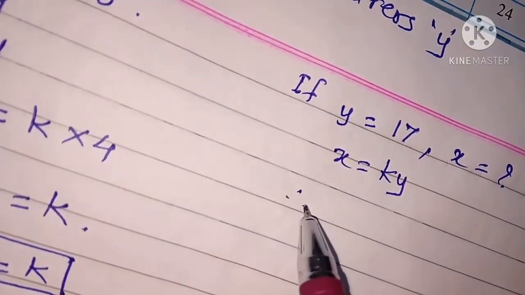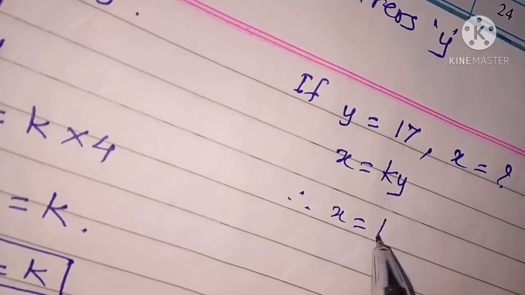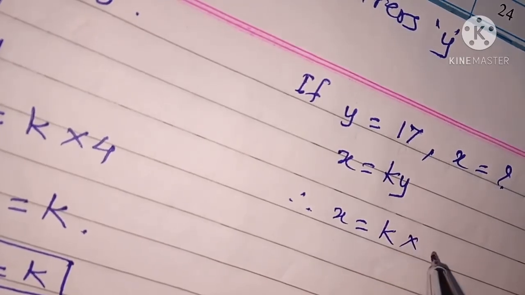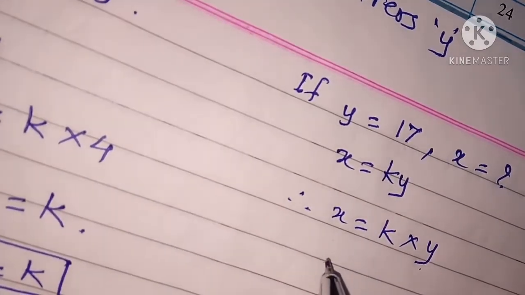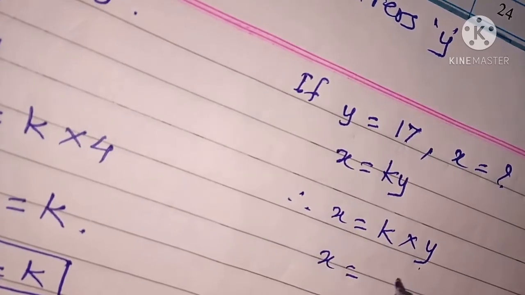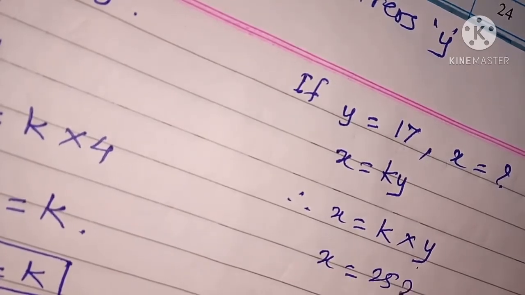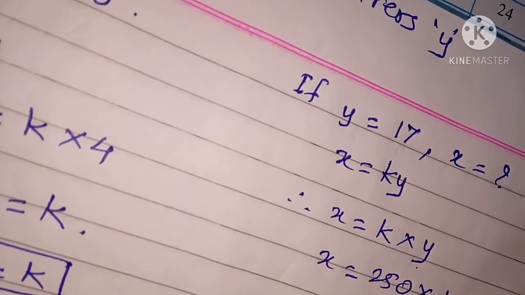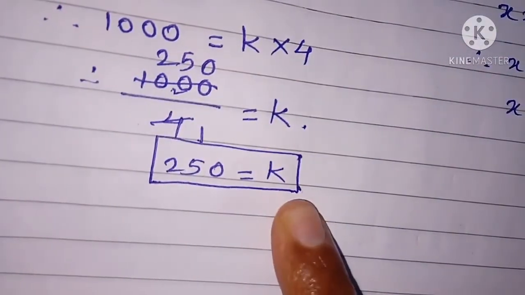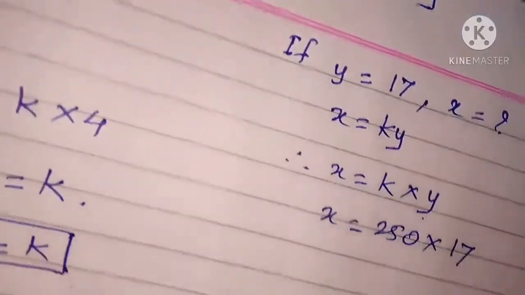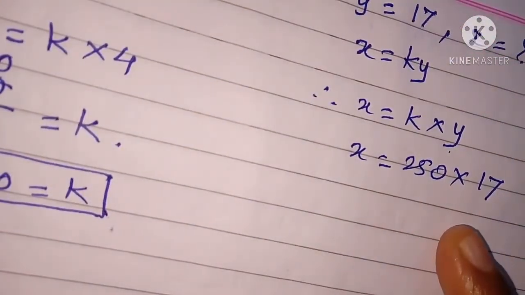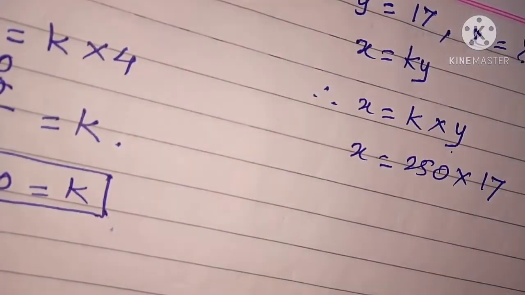Therefore x is equal to k into y. Okay, you know why? That is x is equal to k's value 250 into 17, as y is equal to 17 and k is equal to 250. So multiply this and we get the answer.